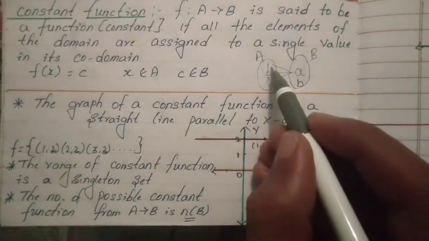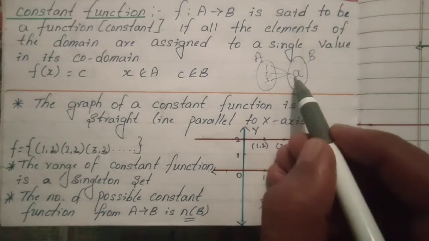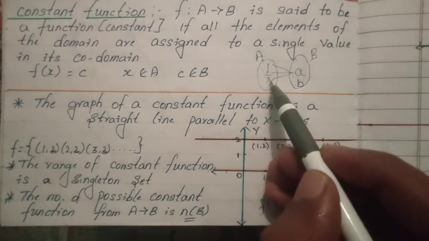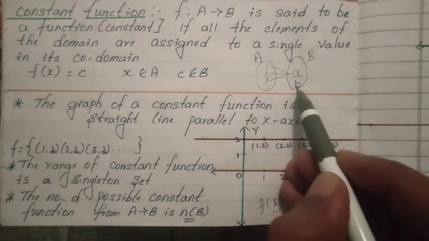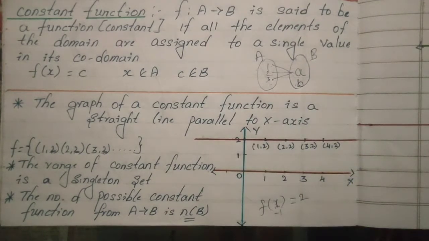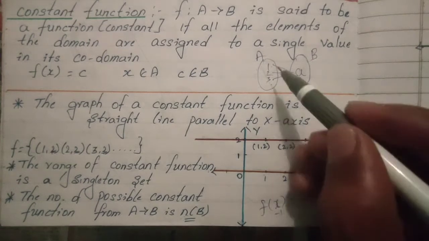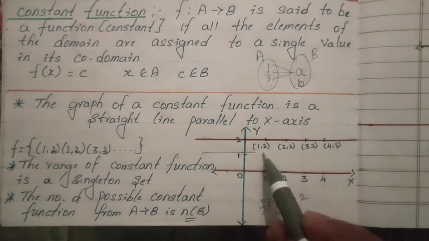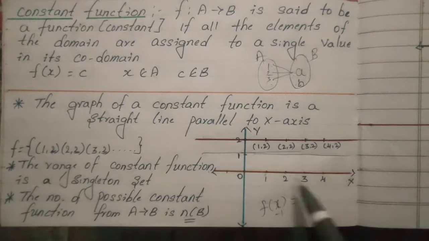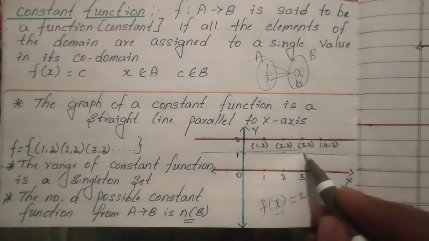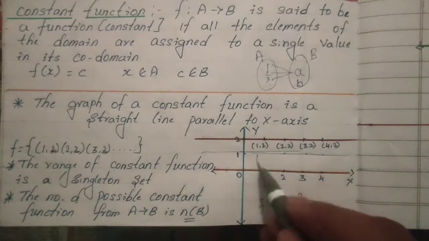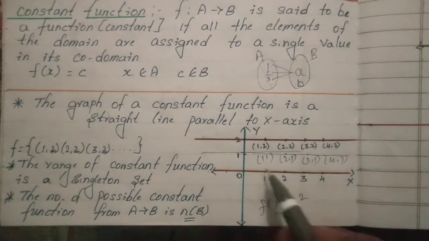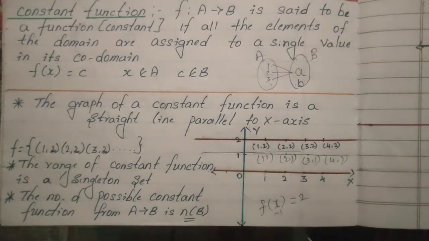If all of 1, 2, 3 are related with A, you will get one line. Or if all the elements 1, 2, 3 are related with B, that is also a constant function. So what are you telling? If all these are related with 1, 1 also related with 1, 2 also related with 1, 3 also related with 1, 4 also related with 1, 1 comma 1, 2 comma 1, 3 comma 1, 4 comma 1, you will get one more straight line.